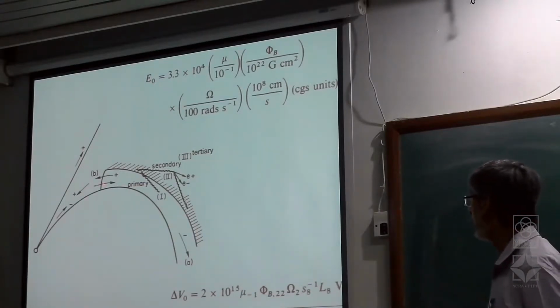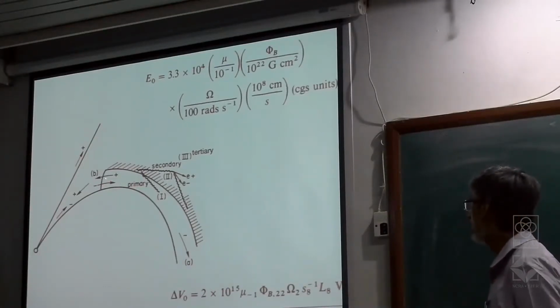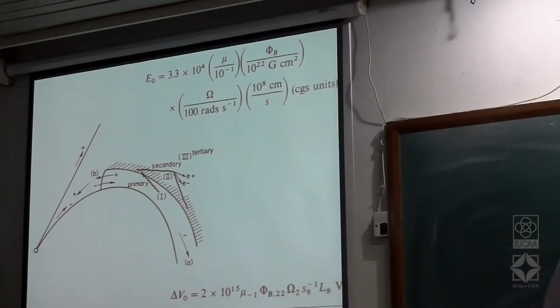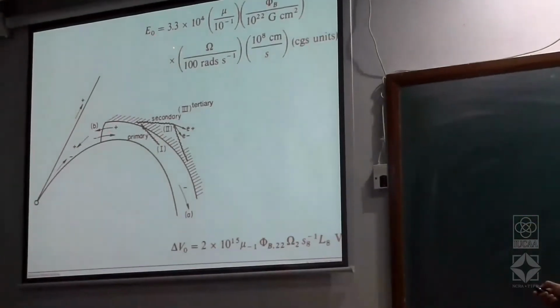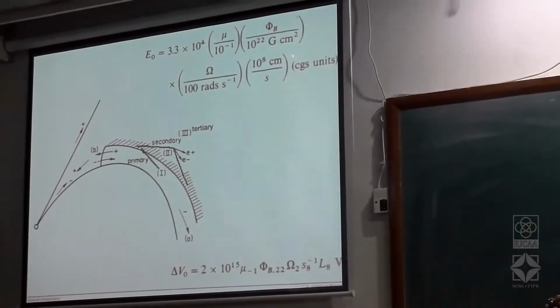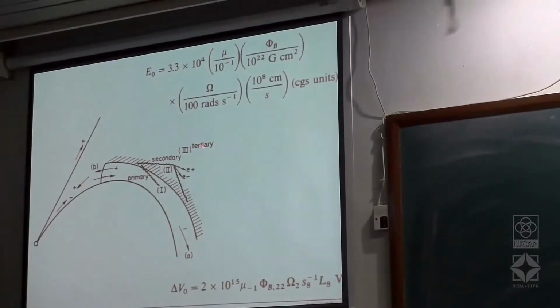So now let's take a look at the gap. This whole picture is now separated into three zones. One is the primary zone where there is uncompensated electric field, and this is the estimated value of the electric field.